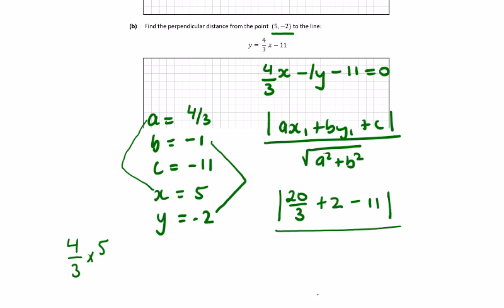All over the square root of a squared, 4 over 3 squared, plus b squared, so you can put the minus 1 in a bracket if you wish, or just 1 squared.